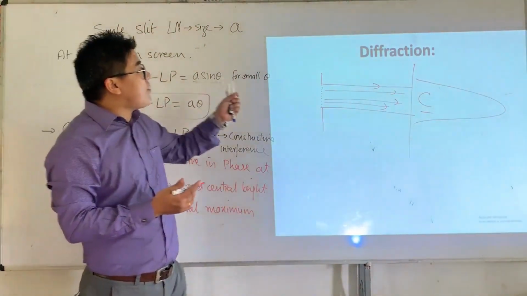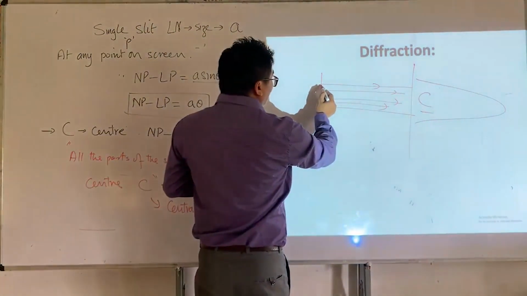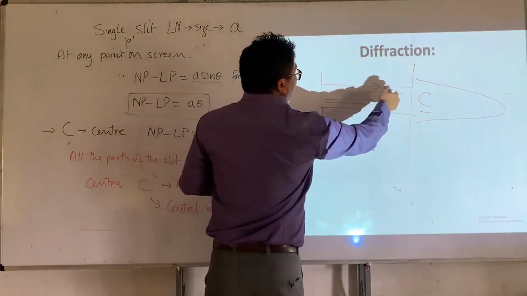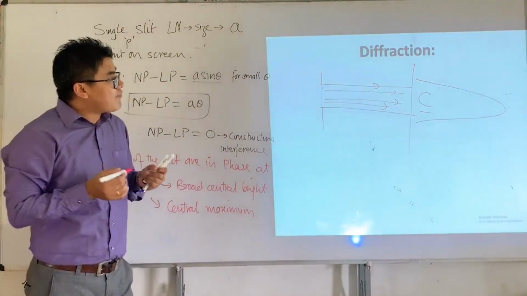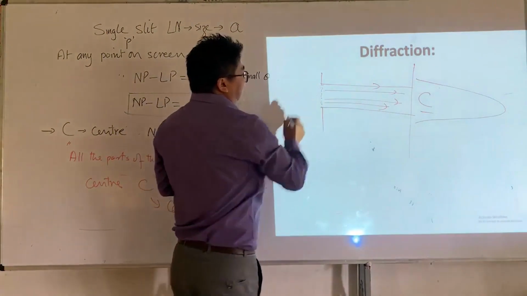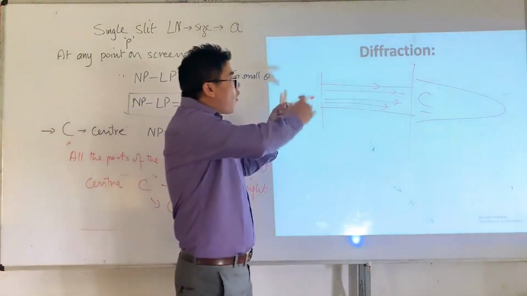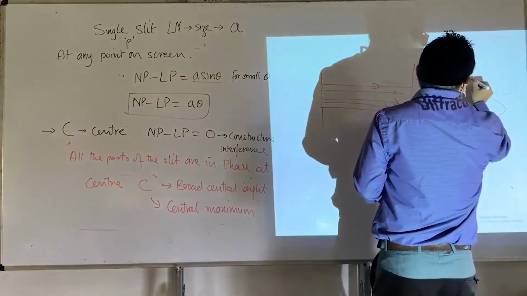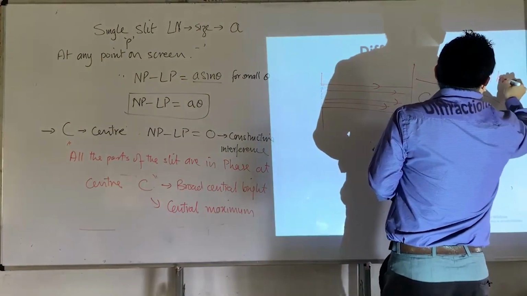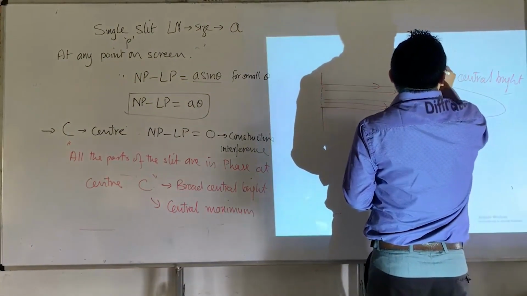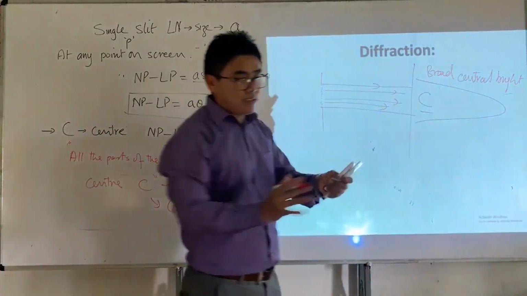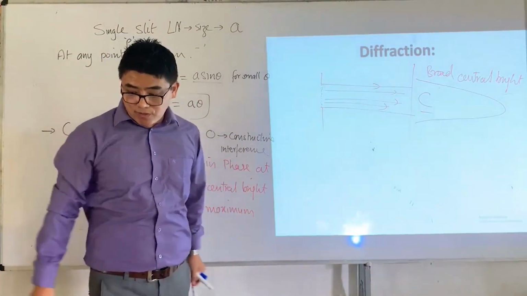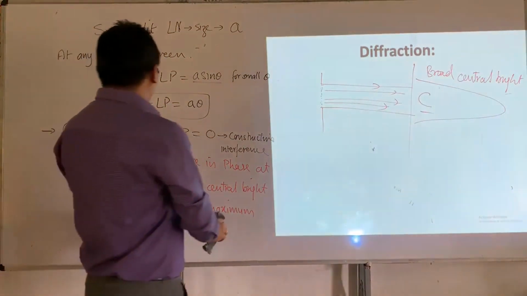Therefore, every light coming from the slit is in phase with each other when it falls on C. So we get this as a central bright, a broad central bright, because its width is much bigger than the rest of the secondary maxima. This we will discuss now.